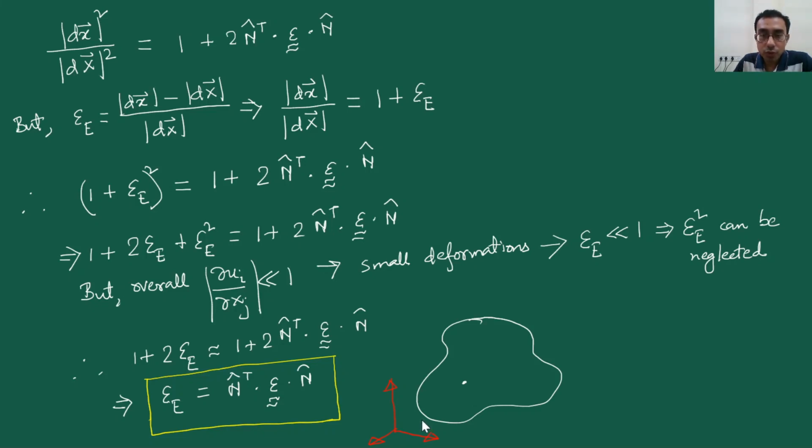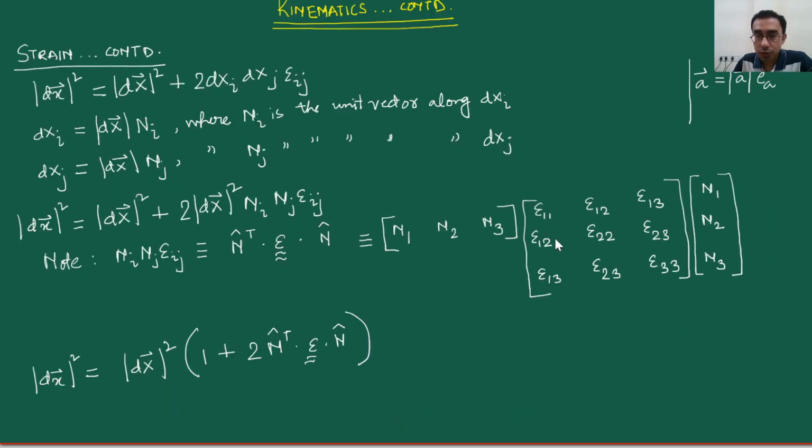So all that you have to do is put the direction cosines of that unit vector here, similarly here, and do the entire multiplication by going back to this formula. You know all these values because you have already calculated them at that point, and as desired you put the different values of n1, n2, n3, which are nothing but the direction cosines of the desired direction along which you want to find the engineering strain.